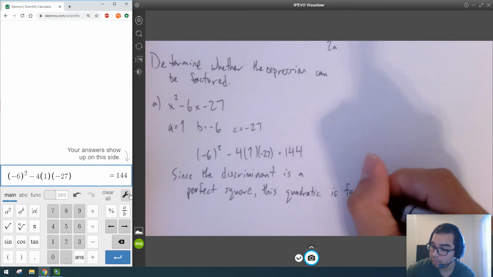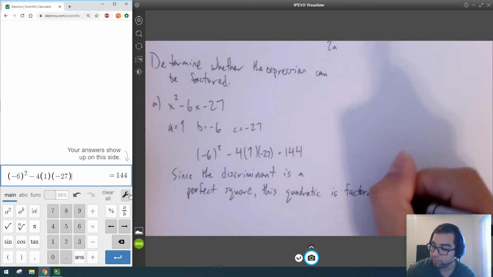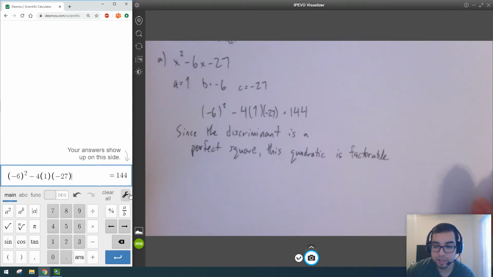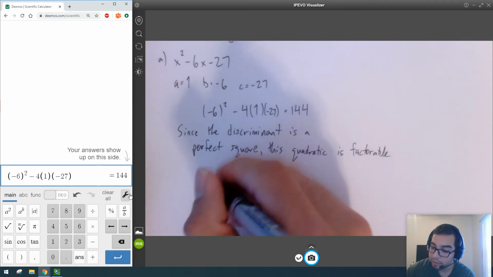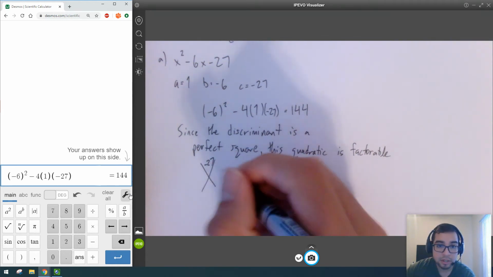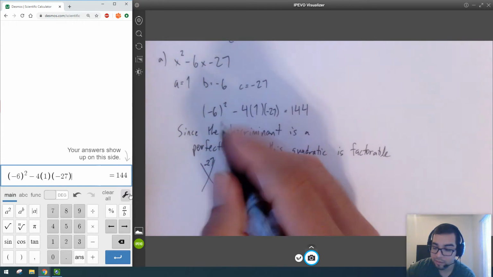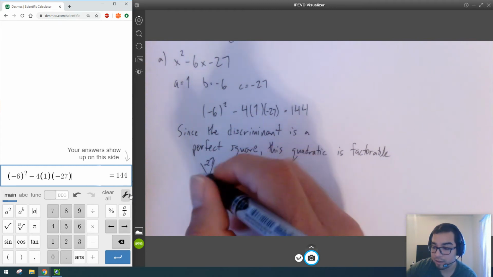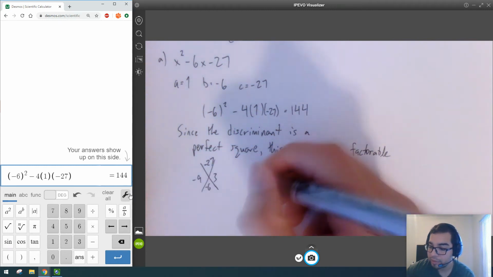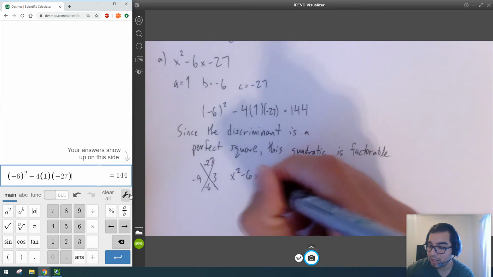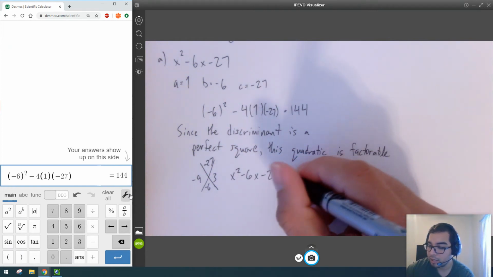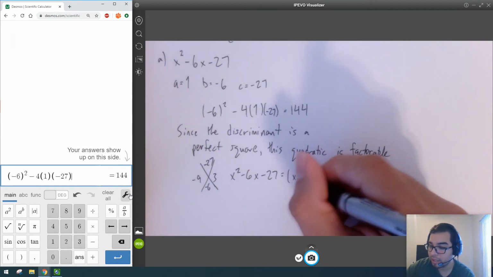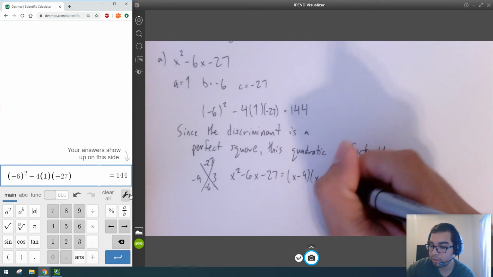To check that it was factorable, we would find two numbers whose product is -27 and whose sum is -6. We know that these are -9 and 3. So x squared minus 6x minus 27 is equal to (x minus 9) times (x plus 3).